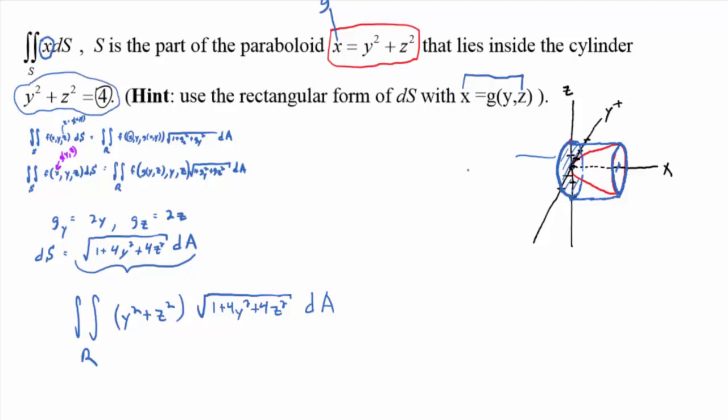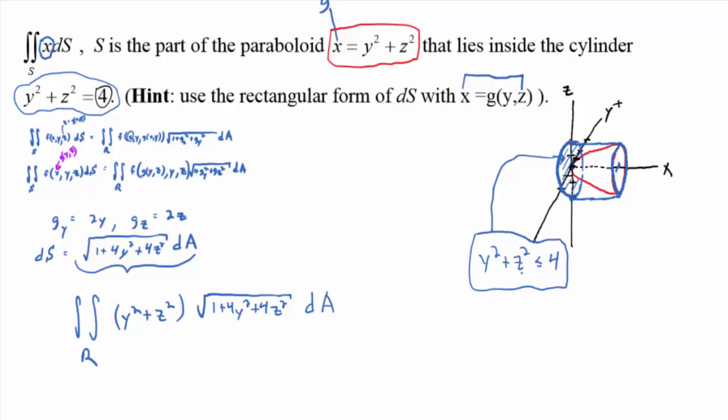It's really the interior technically of that. So y squared plus z squared equals 4 would be the boundary. If you wanted to represent the whole disk, it would be y squared plus z squared is less than or equal to 4. So the boundary of that disk is the circle. Does that make sense to you?